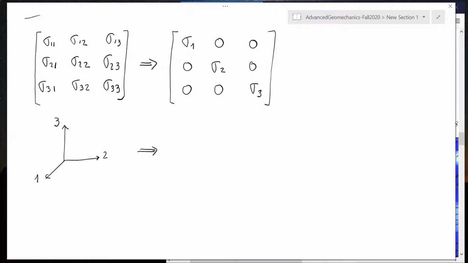That means that this new tensor, which is basically the same but just written in another coordinate system, has associated with it a principal direction base. And this principal direction base, let's say I'm always following the right hand rule, we're going to call it 1 star, 2 star, and 3 star.